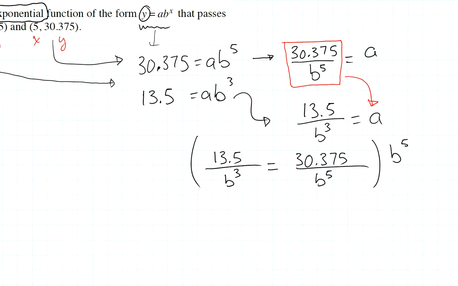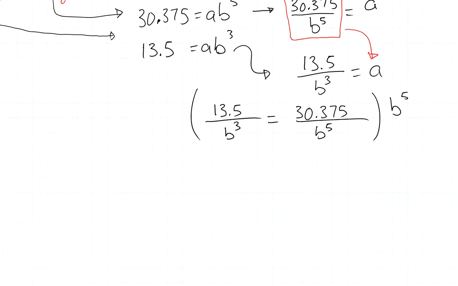When I multiply the left-hand side by b to the fifth power, it might help if I write b to the fifth over 1, so you can see both the numerator and denominator that I'm multiplying by. When I do that on the left-hand side, we get 13.5 times b to the fifth, that's my numerator, and my denominator is b to the third.